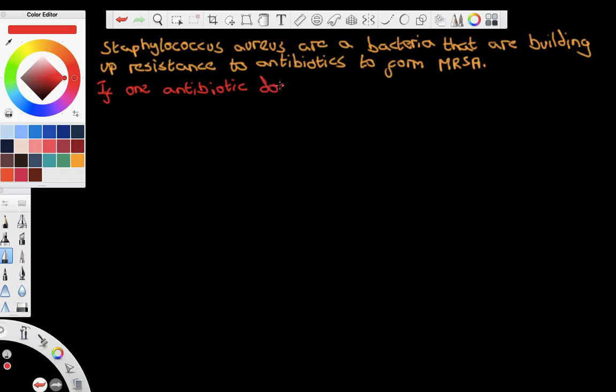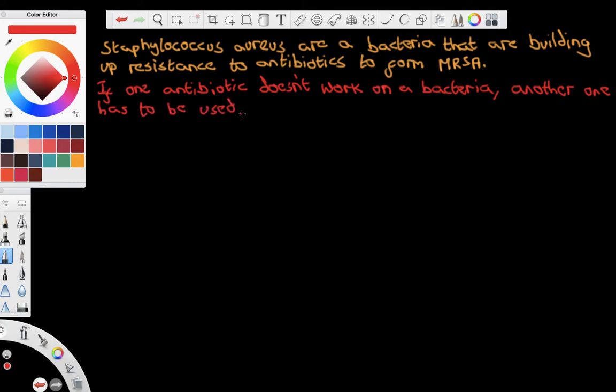So we can say that if one antibiotic doesn't work on a bacteria, another one has to be used. Full stop.